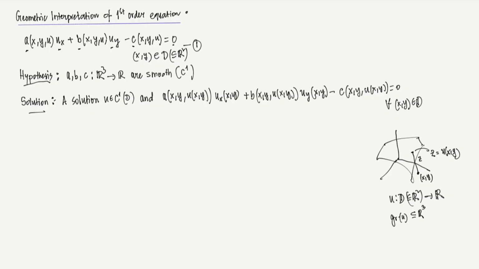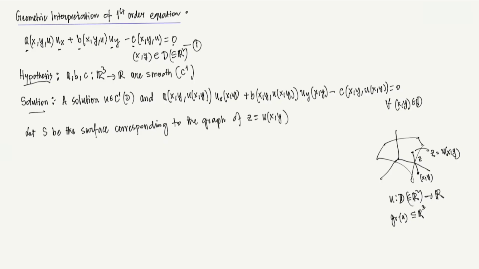Okay, so you see, let S be the surface corresponding to the graph of this function, graph of z equals u of xy. I hope it is clear what I am trying to do here.